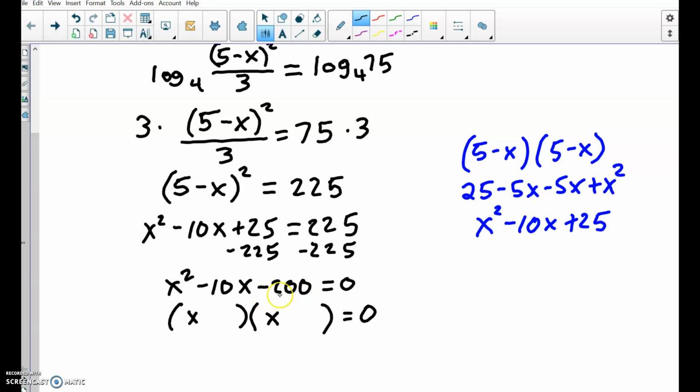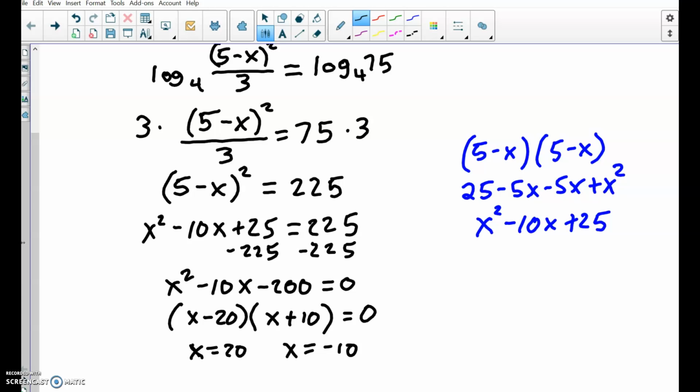So we need to make negative 200 when we multiply. So two numbers that multiply to negative 200 and also add to negative 10. So we could do negative 20 and positive 10. So x is equal to 20 is one possible answer, and x is negative 10 is the other possible answer. But we can't stop here.